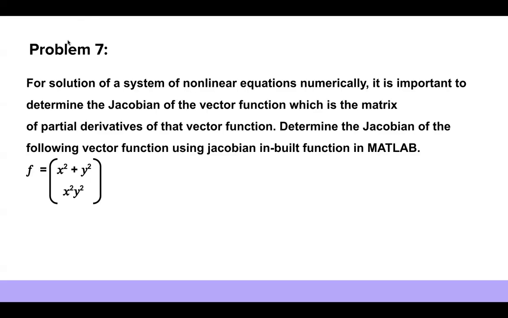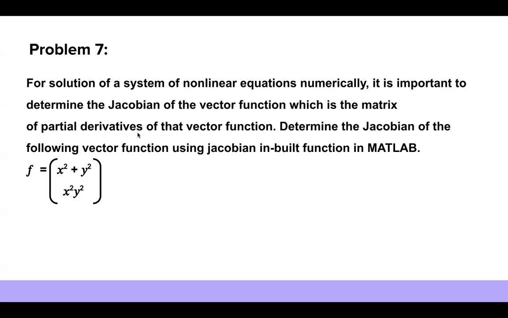Any answers for this? The question is, for solution of a system of nonlinear equations numerically, it is important to determine the Jacobian of the vector function, which is a matrix of partial derivatives. This is called the Jacobian.